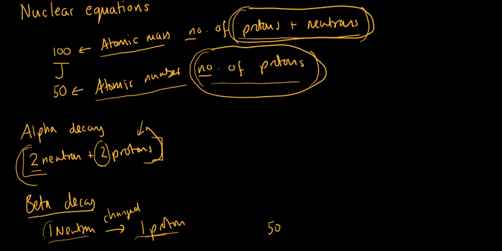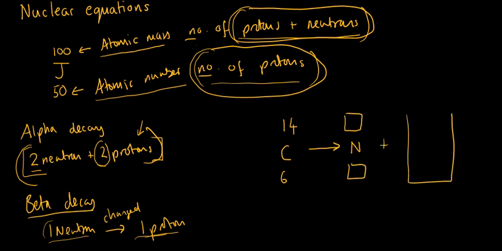Okay, so what can sometimes happen is, let's say, for example, carbon-14, which is a radioactive isotope of carbon, can undergo beta decay, and it would change into a nitrogen atom. And what I want you to do is to pause the video and try and write down what should go in the various boxes.